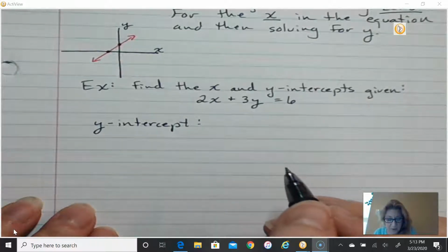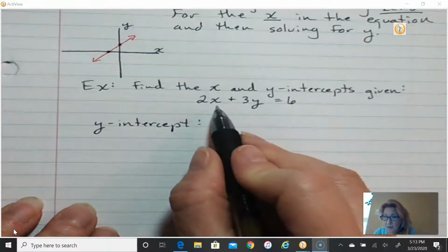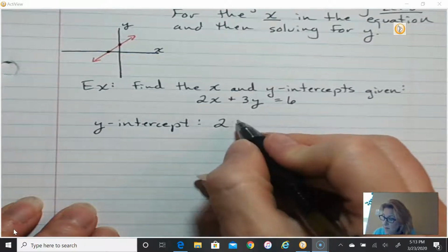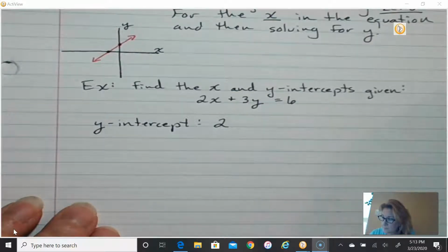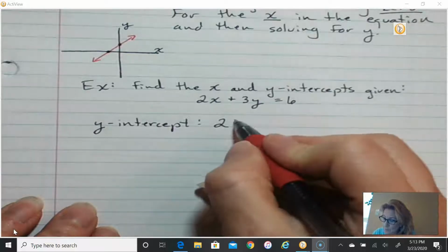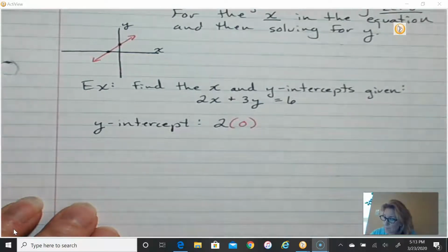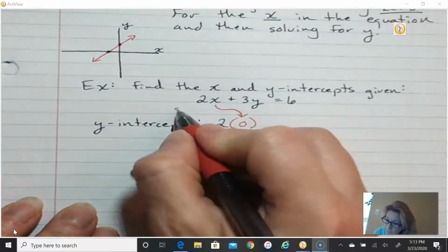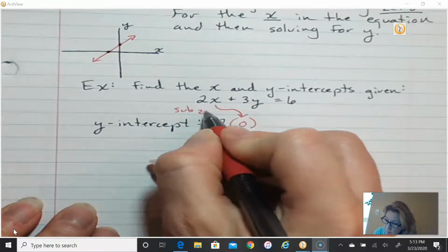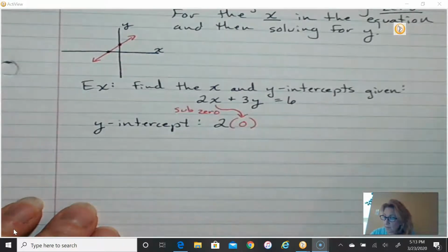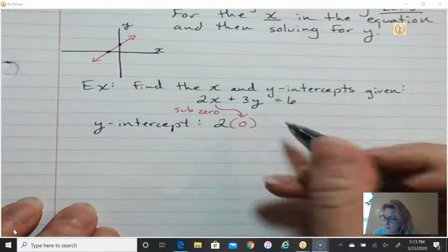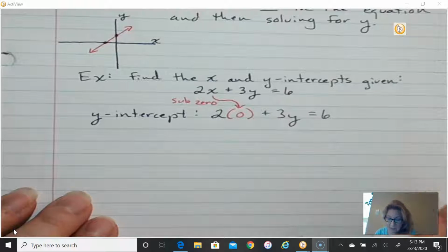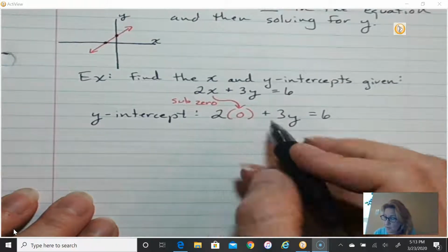All you have to do is sub 0 in that x. We're going to sub 0 right there. See, that x is now 0. Rewrite the rest of my equation. 2 times 0 is 0.